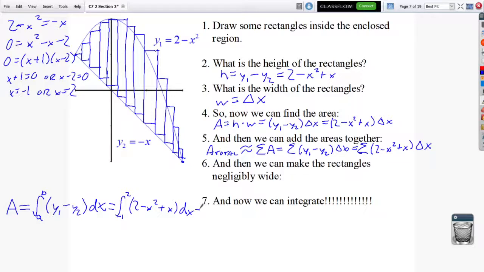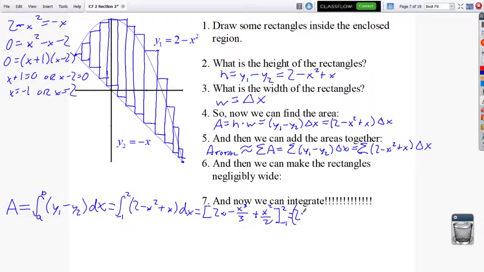The fun way to do this is take the antiderivative, so we get 2x minus x cubed over 3 plus x squared over 2, run from -1 to 2. Am I going to have enough room to write it in here? I think I will.